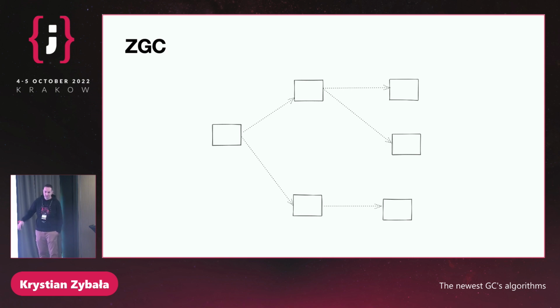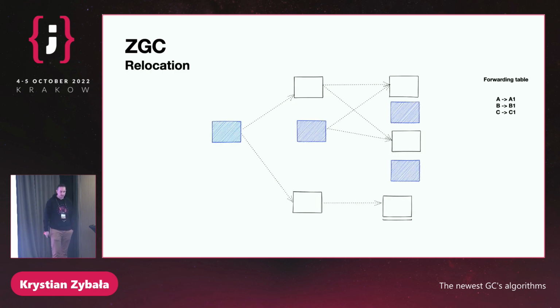This is the graph of the heap. And after that, ZGC marks the objects that are live. They are live, and after that we see that ZGC creates a new copy, and the forwarding table is the bitmap where it stores information about it.